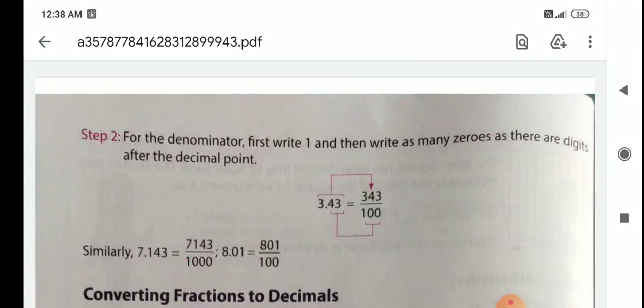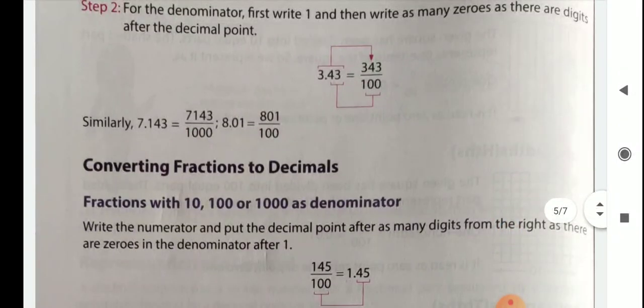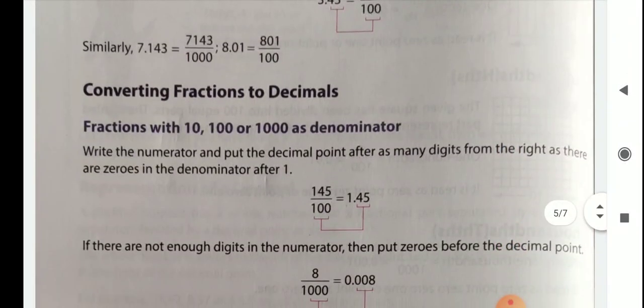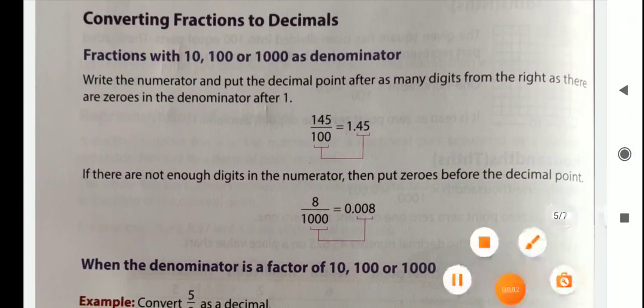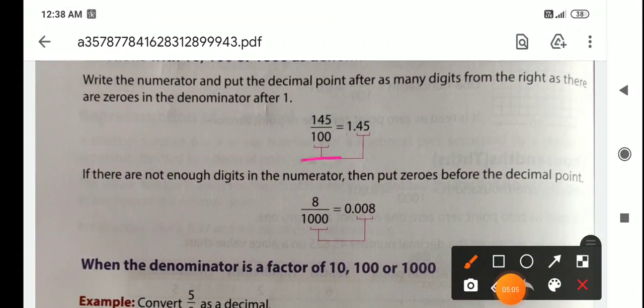Okay. Then converting fractions to decimals is just the opposite. Fractions with 10, 100, 1000 as denominator, what do we do? Here, children, we mark how many zeros are there in the denominator. Then we put one decimal point.